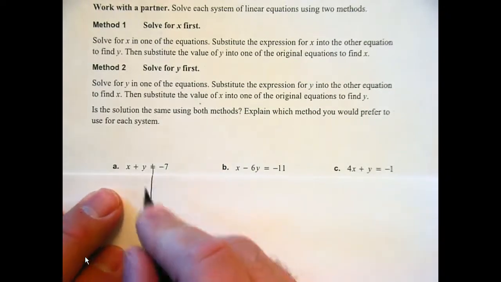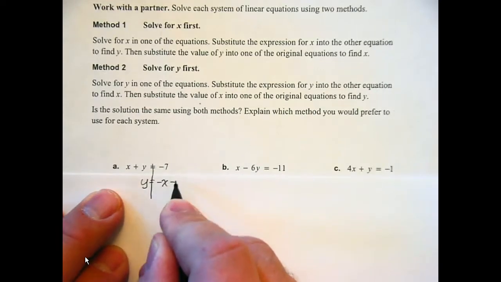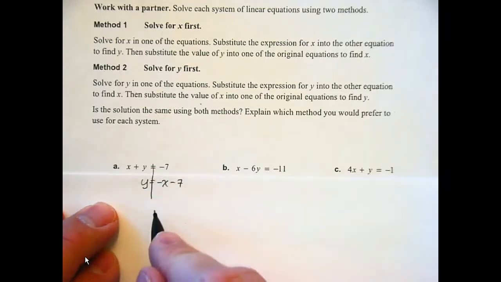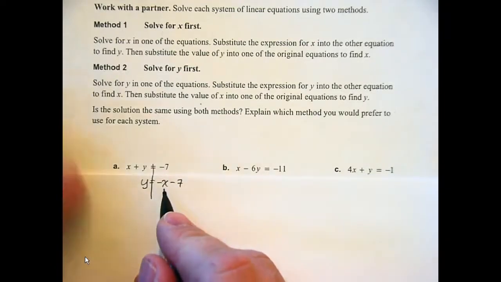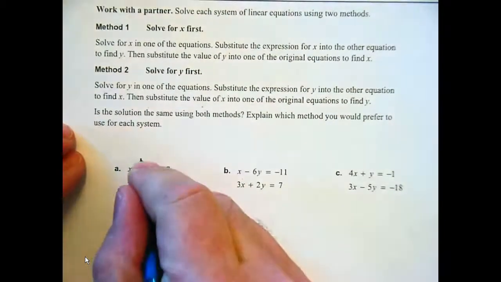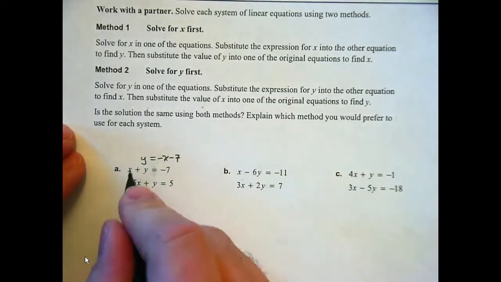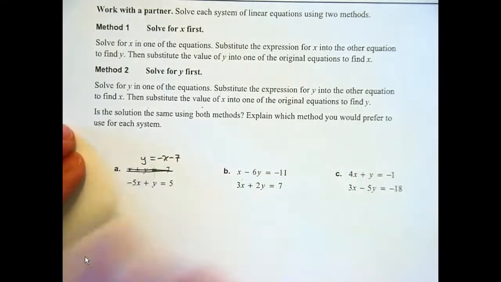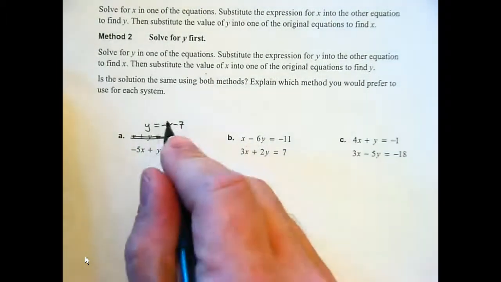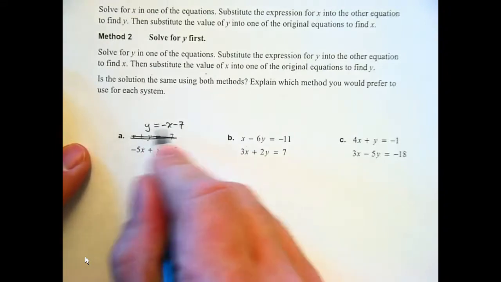All right. Y equals negative x minus 7. We subtract x on both sides. So if y equals negative x minus 7, I'm just going to rewrite that right above it here. Now done with this. Substitution says once I get one of my variables by itself, I have 2 different names for y.